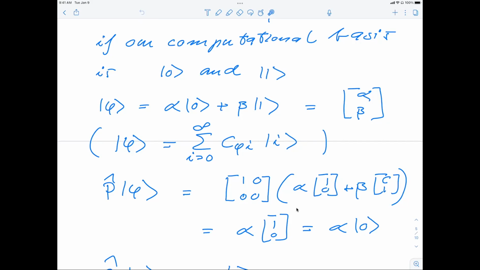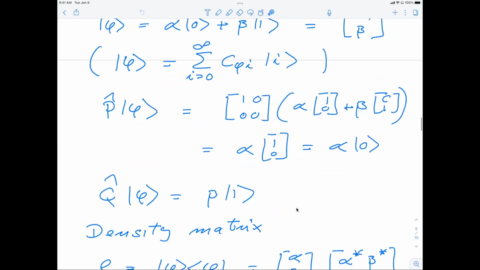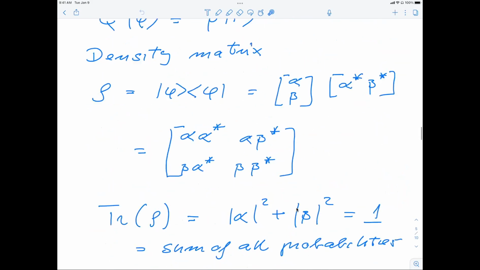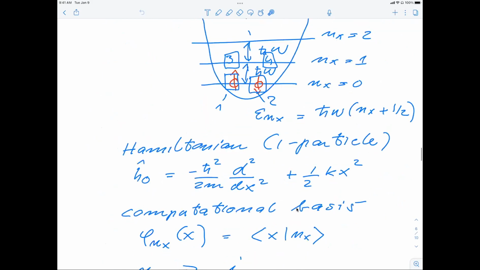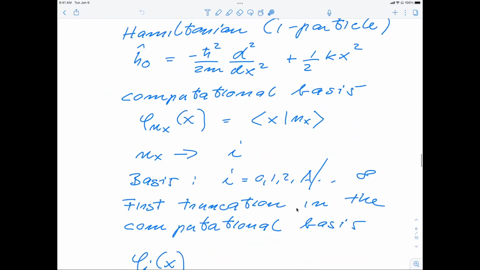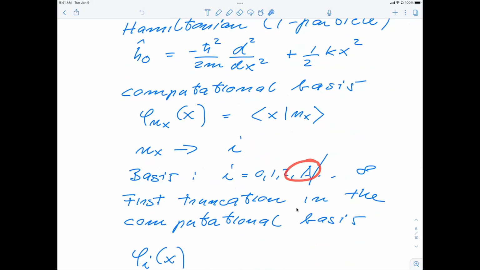If you have strong interactions, this computational basis may need many more contributions in this sum. This brings us back to what we discussed yesterday about the computational basis, which in principle is infinite. We would have to make a truncation, so this is a lambda here. Where we truncate, and whether we can estimate an error for what is left out, depends a little on the type of basis set which you have.